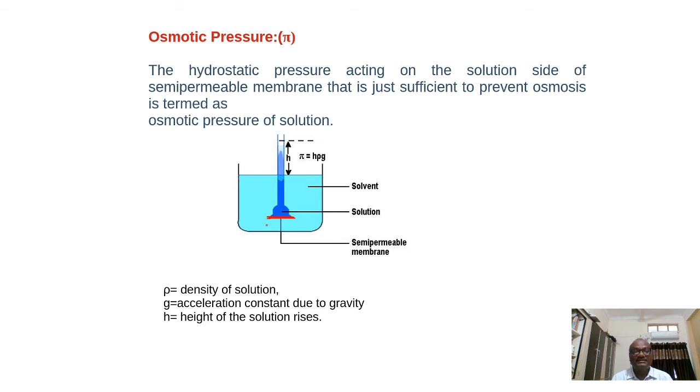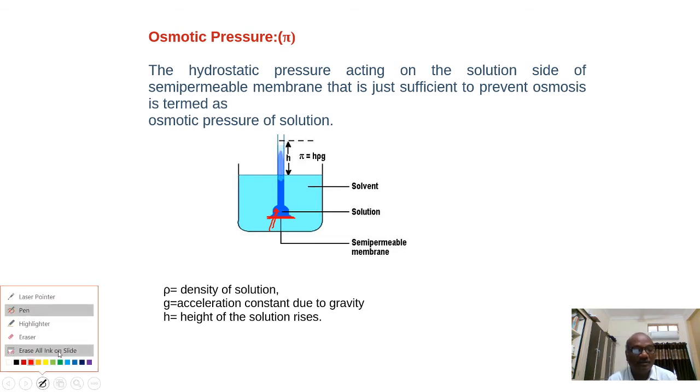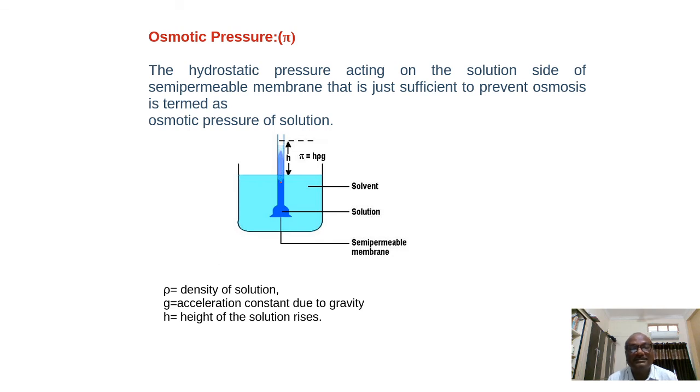Because of the osmosis, what happens? The solvent molecules will move from the solvent to the solution compartment, in this direction, you see. Initially, before starting the osmosis, say the level of the solution is this one.